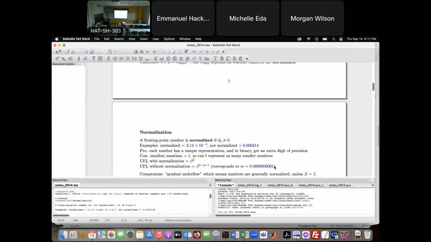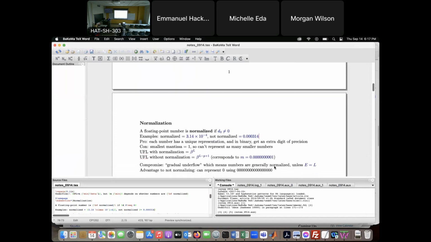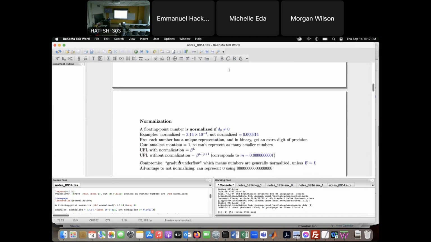So what IEEE does is called gradual underflow. Numbers are generally normalized, but if the exponent is equal to the smallest allowed value, capital L, then they switch to denormalized numbers.